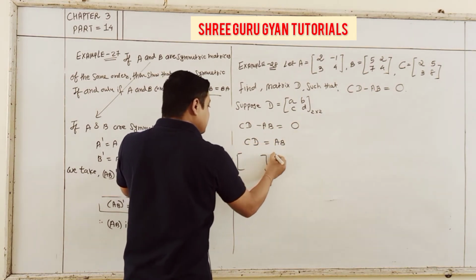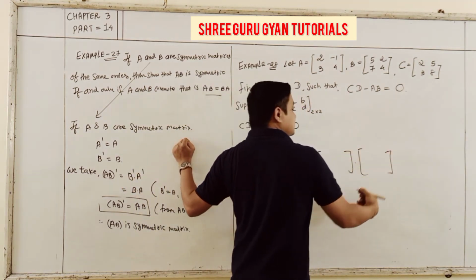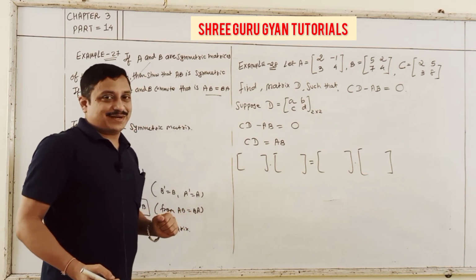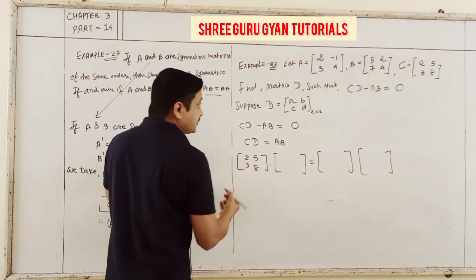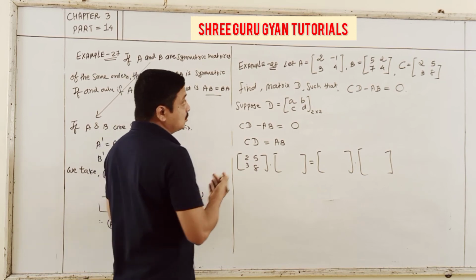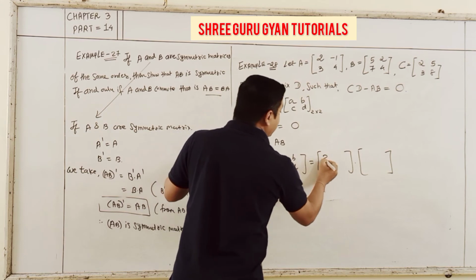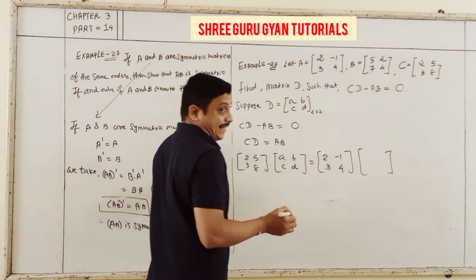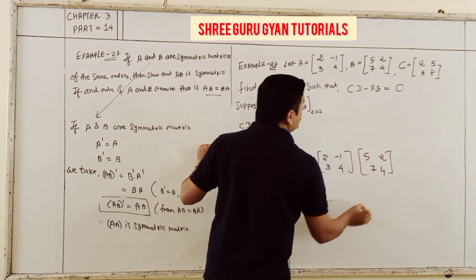C is 2 5, 3 8. D is unknown, a, b, c, d. A is 2 3, minus 1 4, and B is 5 2, 7 4.